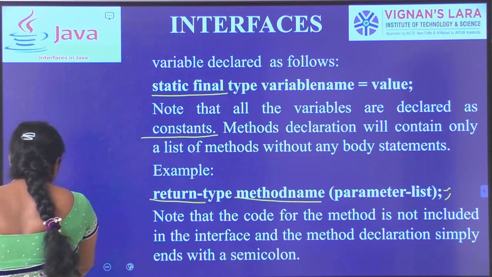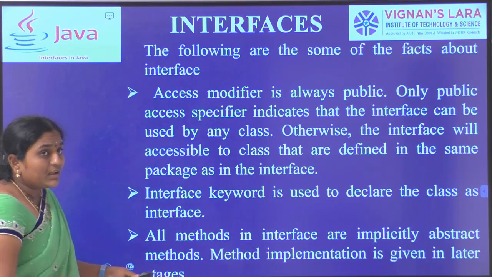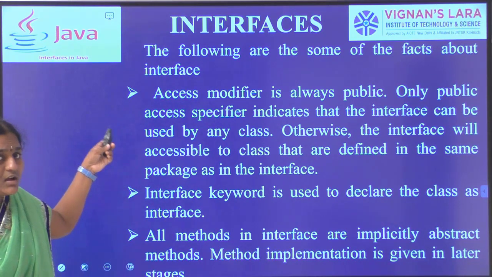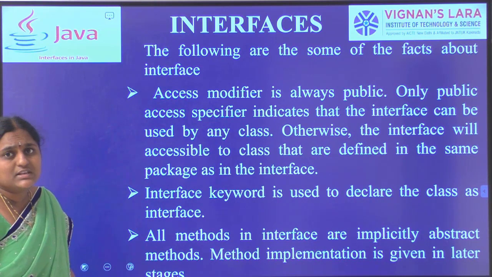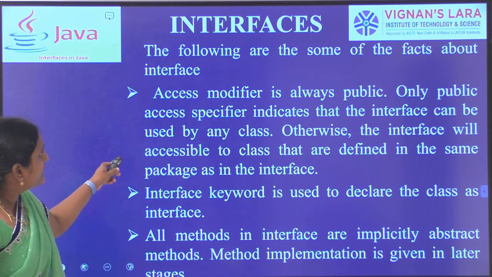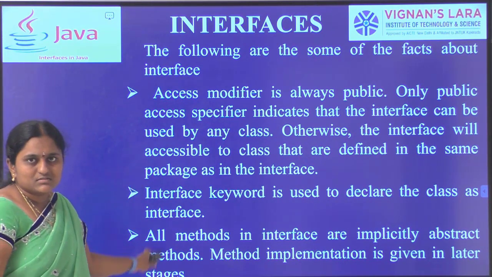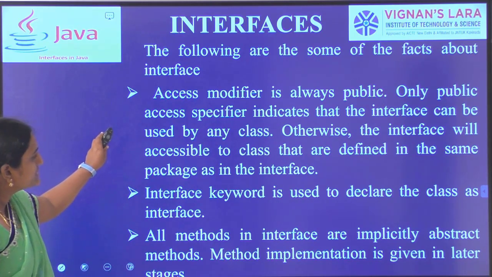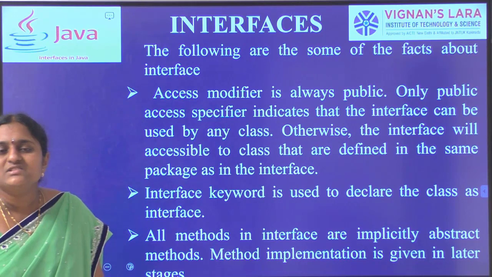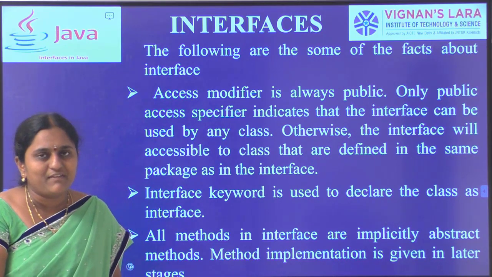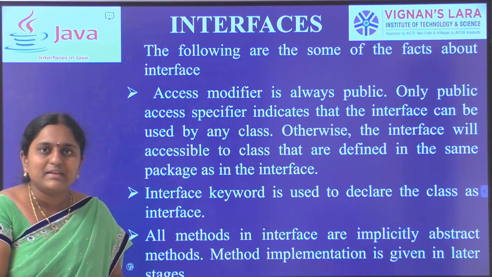Here, these are all the points we should remember while using interfaces. First, the access modifier is always public. Public means we can access it everywhere.